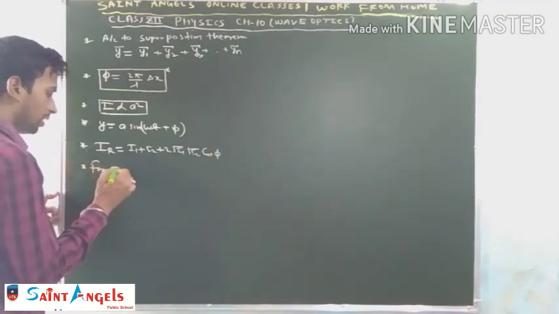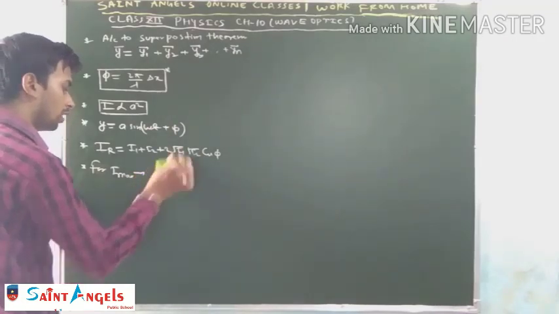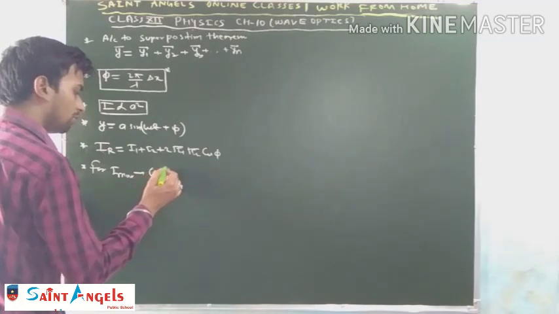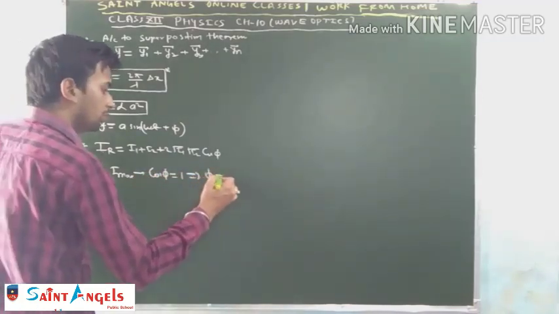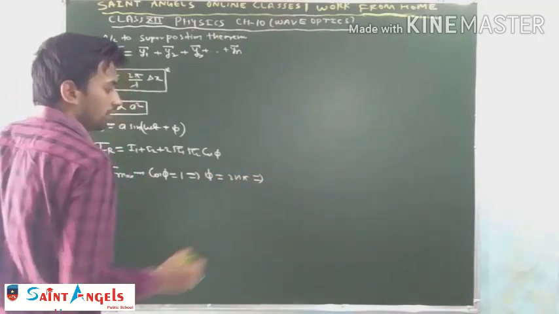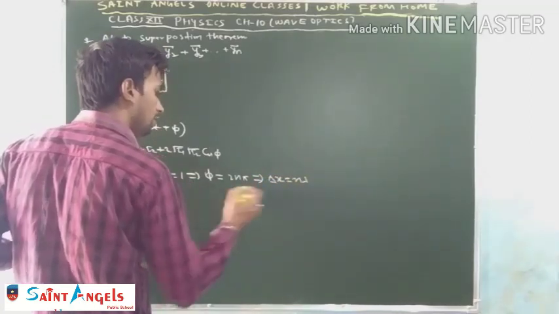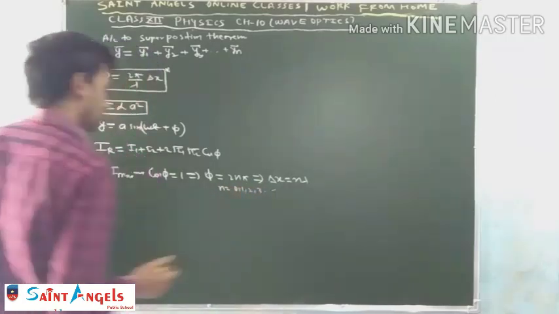For maximum intensity, cos phi equals 1, implies that phi equals 2n pi, implies that path difference delta x equals n lambda, where n equals 0, 1, 2, 3 and so on.